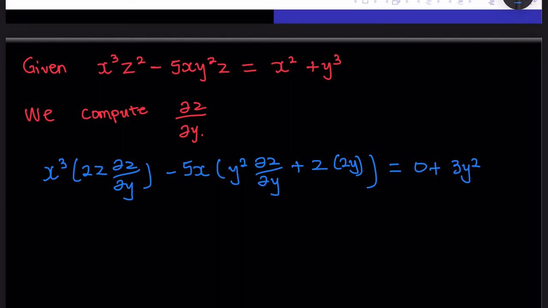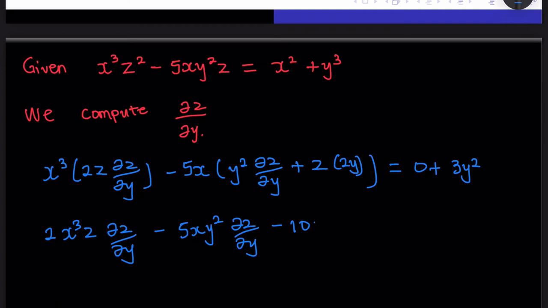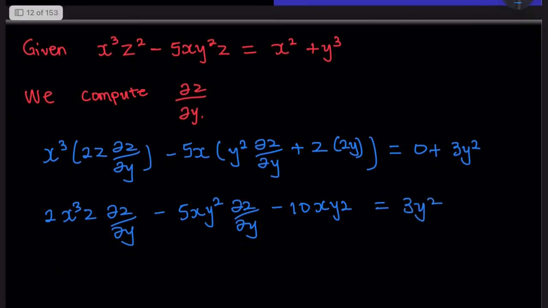So let's simplify further. So we are going to have 2x cubed z del z del y minus 5xy squared del z del y. 5 times 2, that's 10. Then xyz is equal to 3y squared. Now let's group the terms with del z del y on one side and the terms without del z del y on the other side.